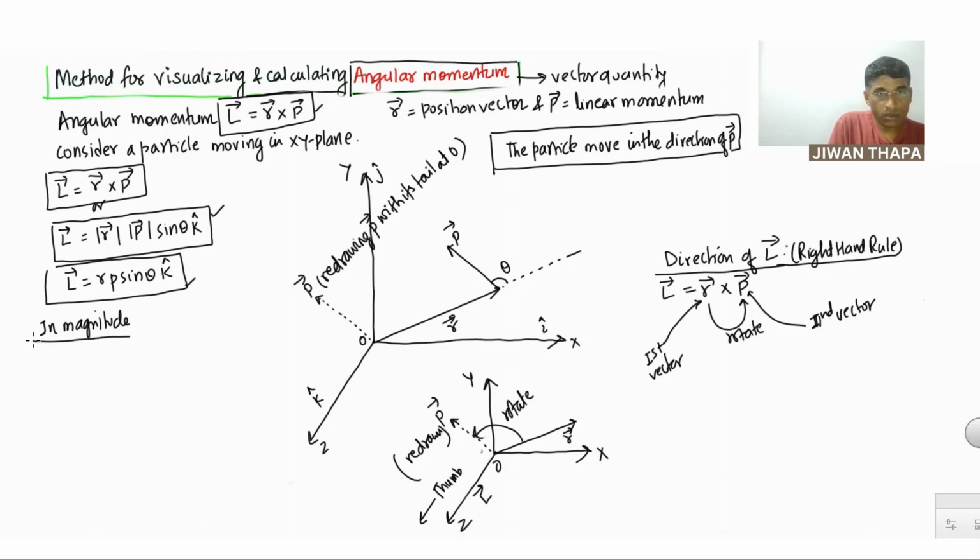In magnitude, since we know angular momentum in this particular case is acting in z direction, we have the z component of angular momentum, Lz equals r, the magnitude of the position vector, p, the magnitude of linear momentum, and sine theta.